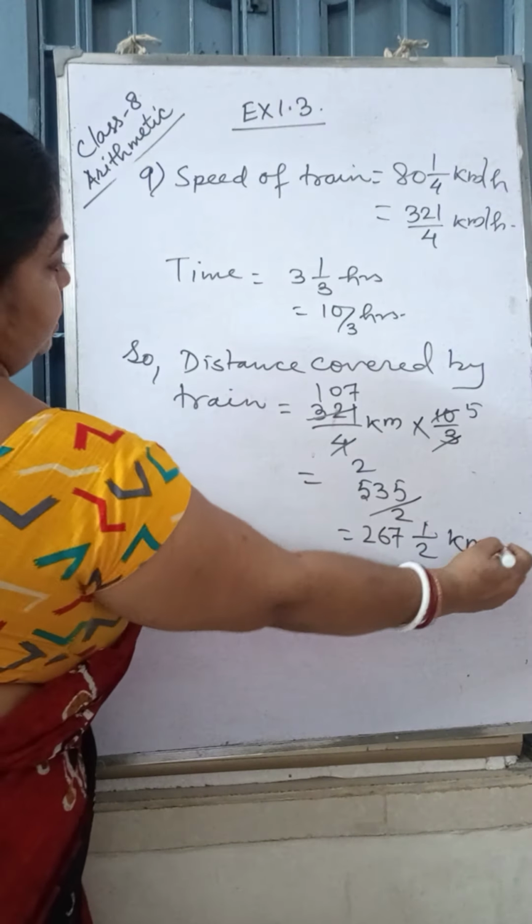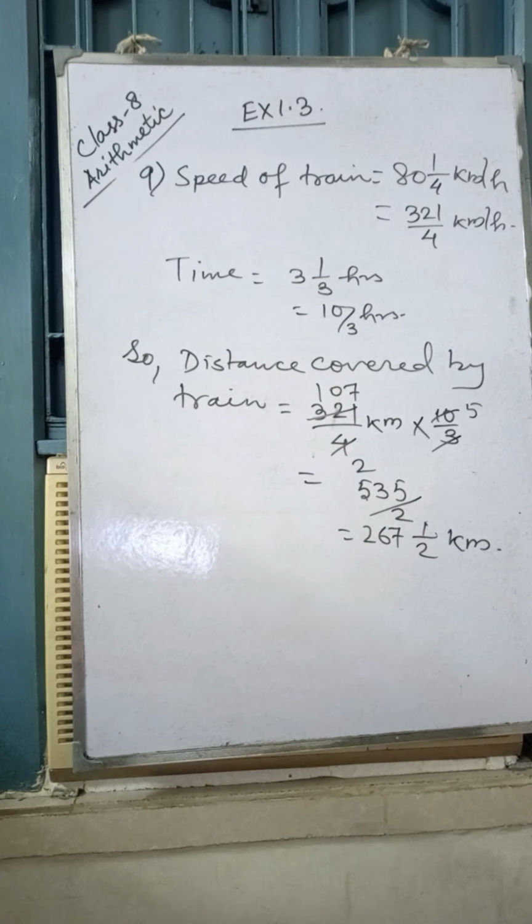This kilometer is the distance covered by the train.